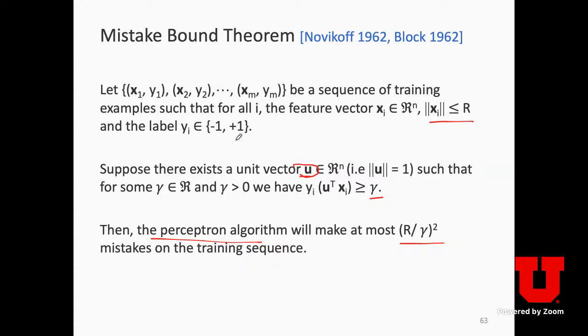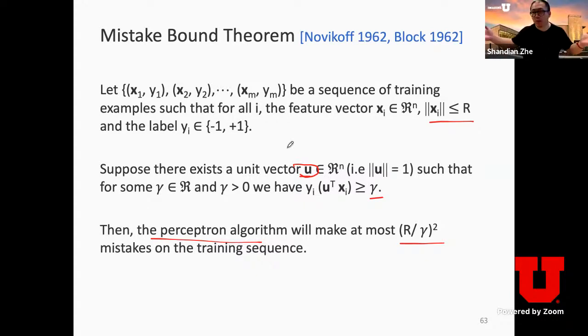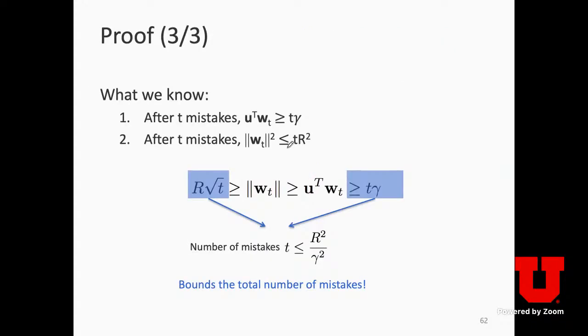I understand w is just a guess of the hyperplane that we're updating, but what does u represent? u represents any hyperplane that can separate the data set. It's not necessarily the target hyperplane. When we go through this proof and take u transpose wt, what is that representing?